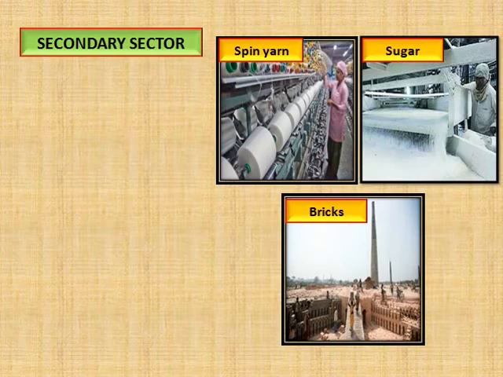Now the secondary sector. It is the next step after primary. The product is not produced by nature but has to be made, and therefore some process of manufacturing is essential. This could be in a factory, a workshop, or at home.